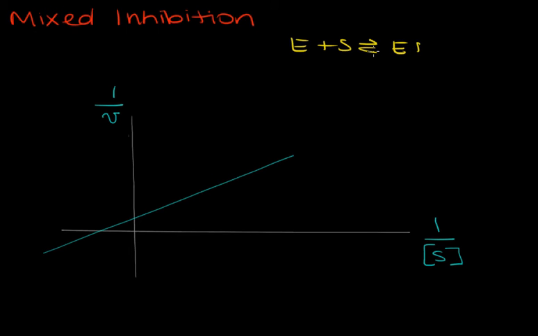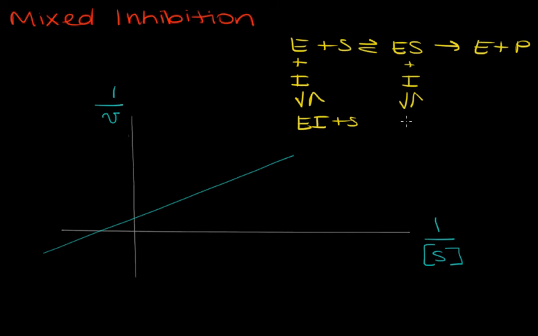Don't mind my terrible handwriting. Enzyme plus product. So the inhibitor can bind here to make our EI plus S, or it can bind the enzyme substrate complex as well. So you can imagine that this doesn't look anything like the substrate, EIS.